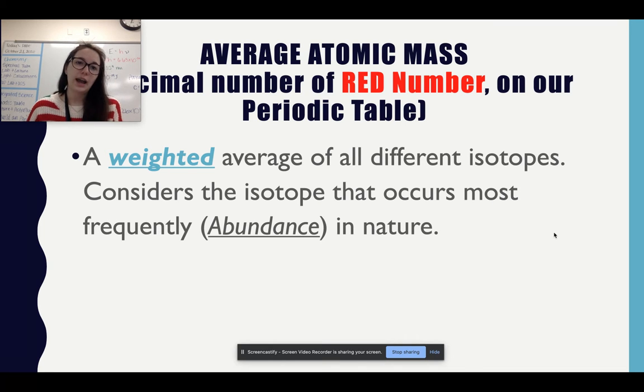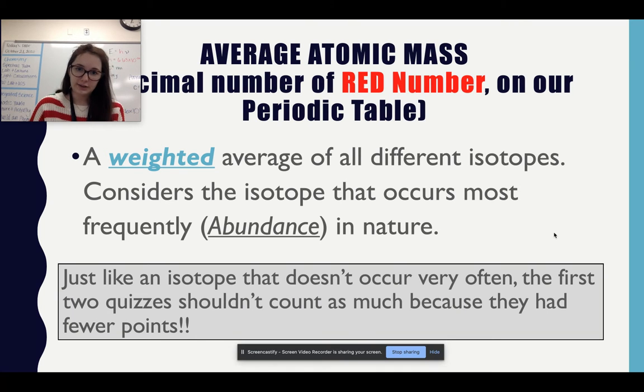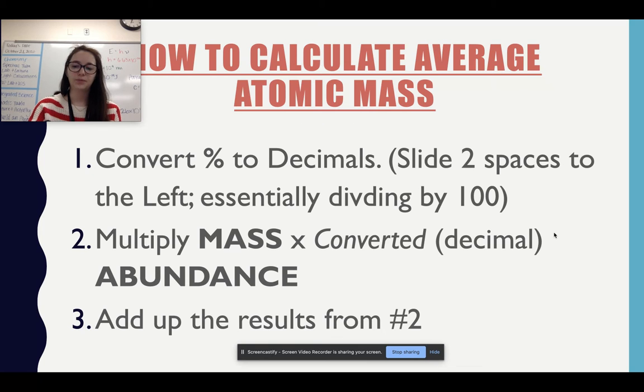Meaning, if I had something that was 90% or I had something 10%, my 90% would be considered more abundant compared to my 10% abundance. Okay. So just like an isotope that doesn't occur very often and is worth a lower percentage point, the first 2 quizzes shouldn't count as much because they had fewer points.